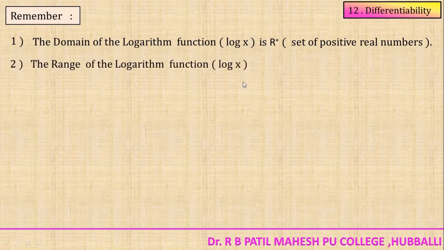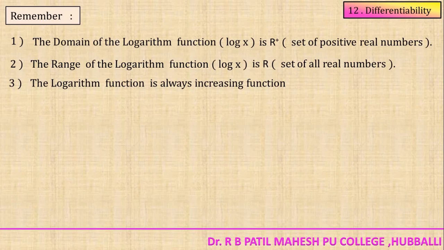The range of the logarithm function is the set of all real numbers. The logarithm value may be any real number. It may be zero, it may be negative, or it may be positive. That is the range of this logarithmic function.